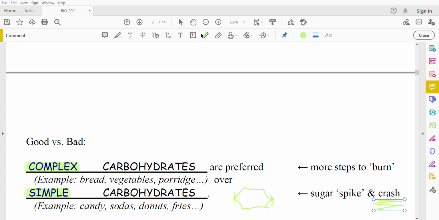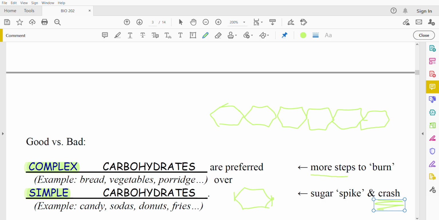So rather than having carbs that are very easily available for your body, we want to have carbs that are complex. In this case, they would be made of multiple units. They would be polysaccharides. By being polysaccharides, breaking them apart takes a longer time. While it takes a longer time, this ensures that they're available in the body for a longer time as well, and available for when needed.